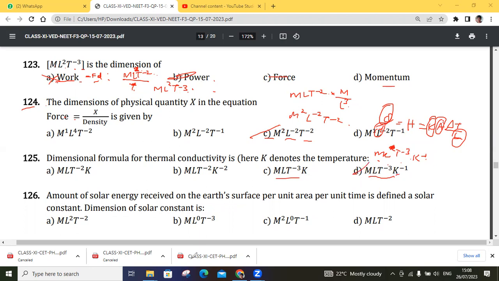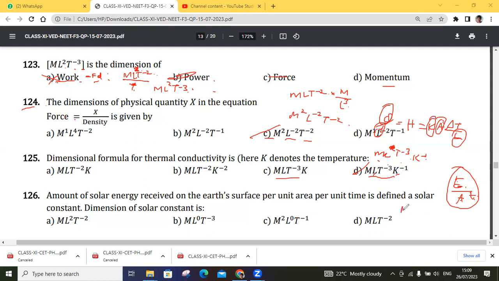Then 126. Amount of solar energy received on the Earth's surface. Energy received per unit area per unit time is defined as the solar constant. Dimension of solar constant is E by AT.